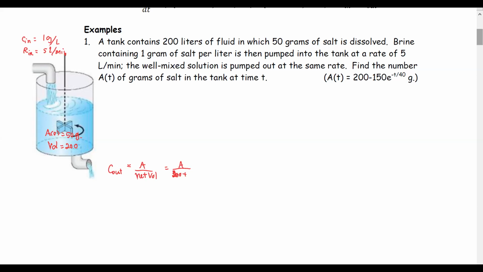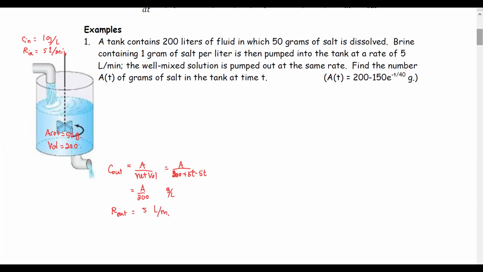For t minutes, the volume coming in is 5t and the volume pumped out at the same rate is minus 5t. Therefore, the concentration of the output would be A over 200, and the unit would be grams per liter. The flow rate coming out is the same, which is 5 liters per minute.